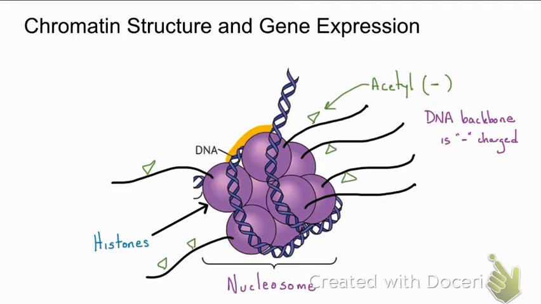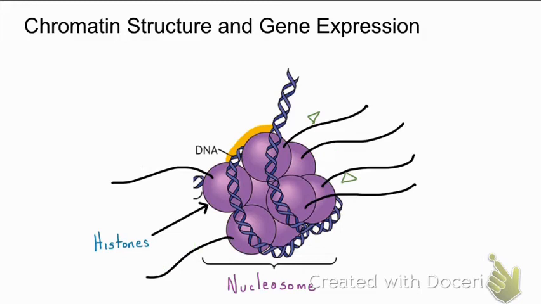And so the acetyl groups on the histones and the negative charge of the DNA backbone cause the two of them to repel each other. This causes the DNA to be loosened from the histones. The loosening of DNA will result in this DNA being accessible to RNA polymerase and transcription factors. Therefore, it's accessible for transcription.